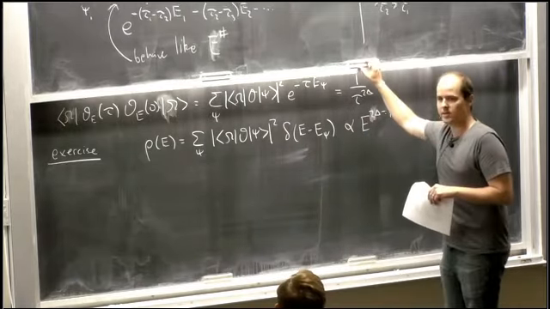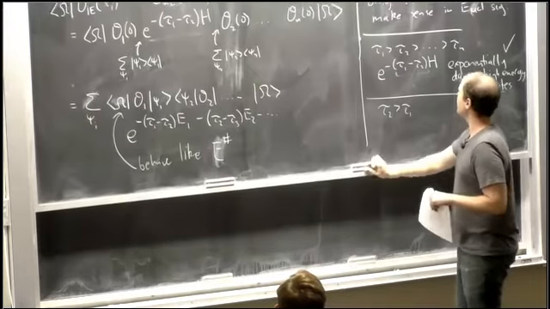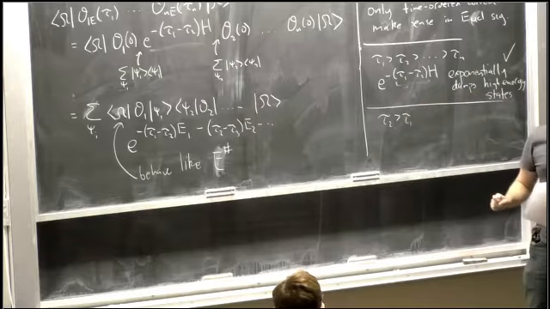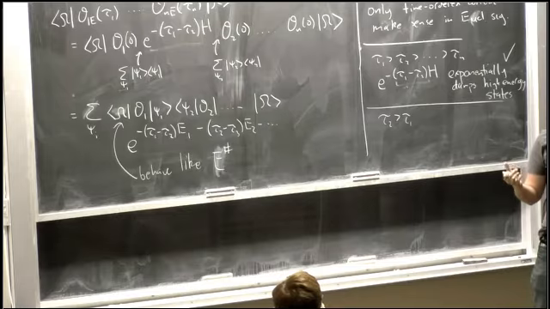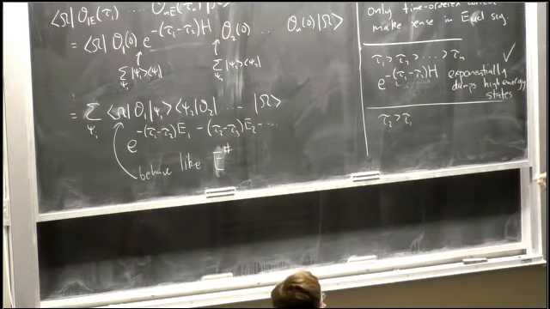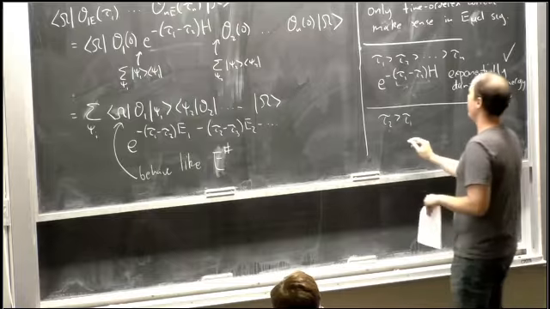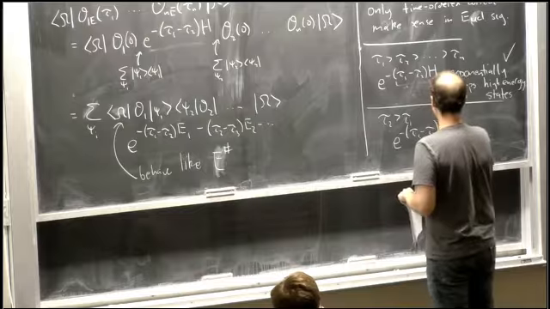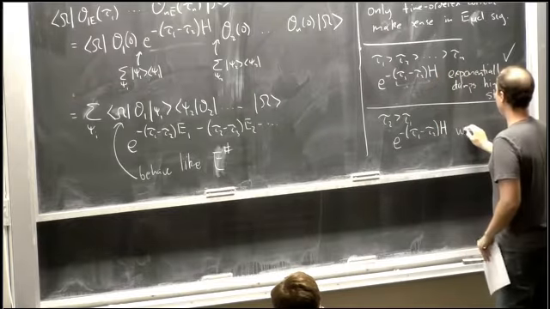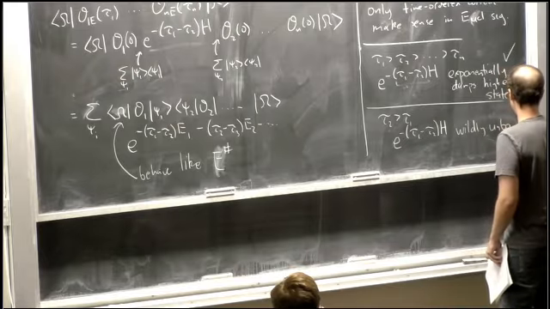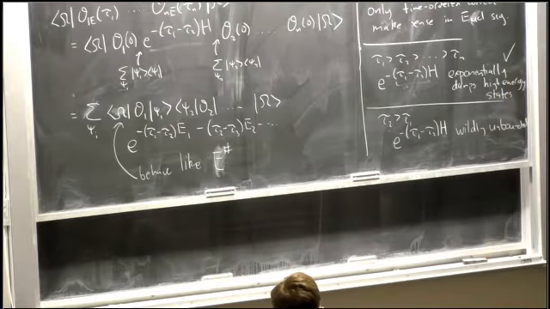I'm going to cover up the exercise so I can keep writing. So we considered this case, and the point is that this operator exponentially damps high energy states, and that makes the correlator convergent. But if we now consider a case where we put the times in the wrong order, then this time evolution operator is wildly unbounded. It leads to exponential enhancement of high energy states.